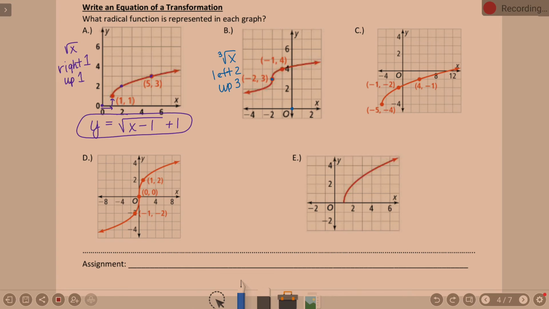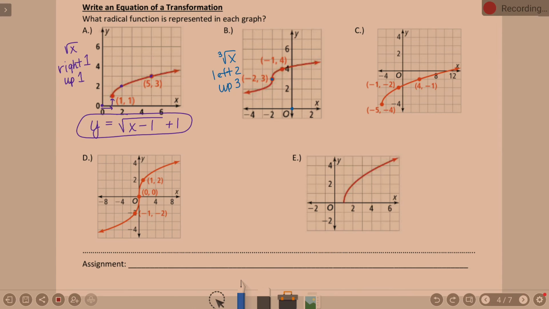Any reflection? No, it matches up with the same graph that we have on the front. Okay. What about a stretch? If you go back and think about our original curve has the center at 0, 0, yes? And what are the first set of points from that 0, 0? 1, 1. Does that work here?